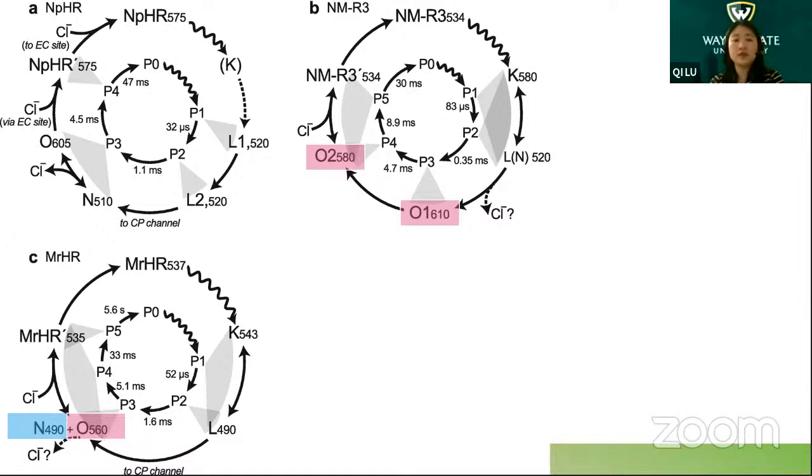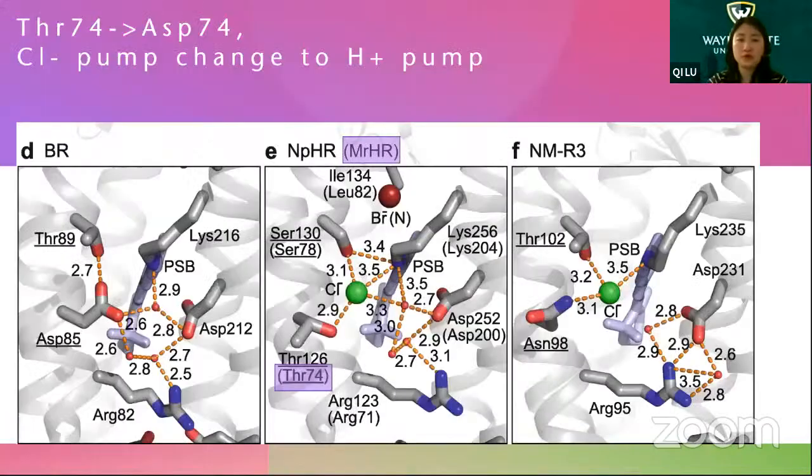The MrHR structure has not been directly discovered yet, so there are still some research gaps that need to be further studied. And for MR3, there's no blue shift state. There are only two red shift states, O1 and O2.